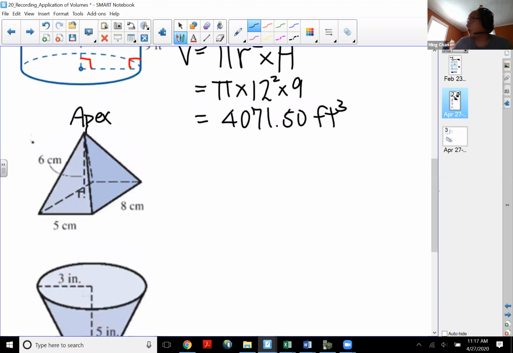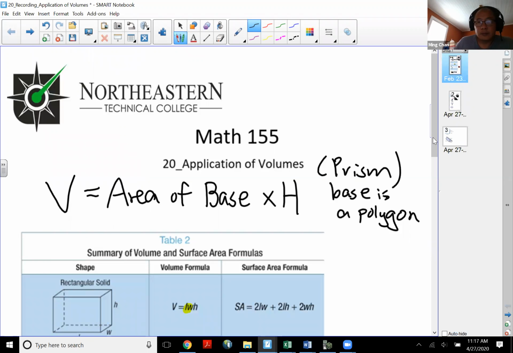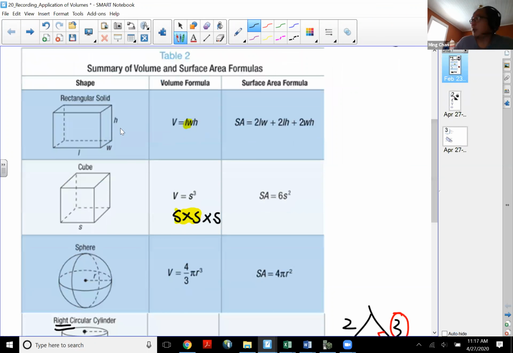Now, quick question. Well, maybe not so quick. If I go back to this picture and take a look at the rectangular solid, how many bases does the rectangular solid have?